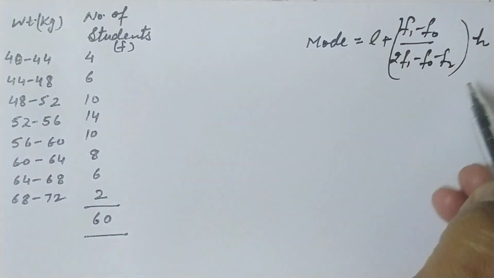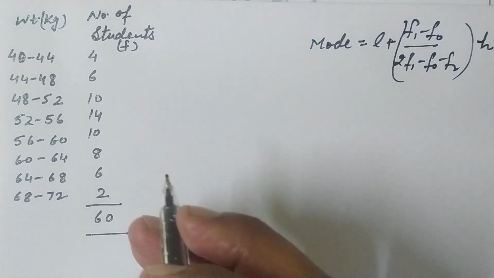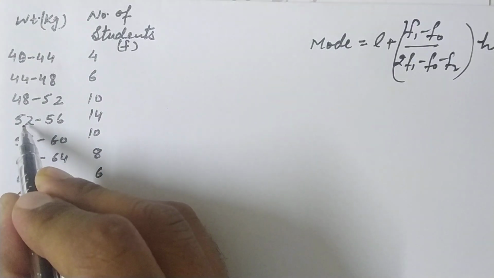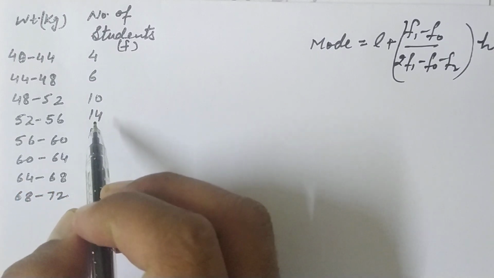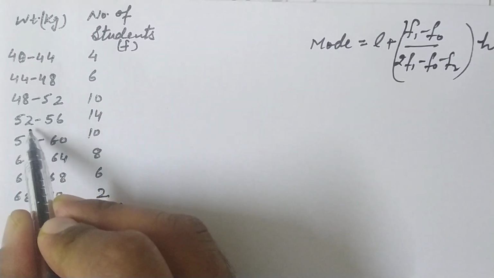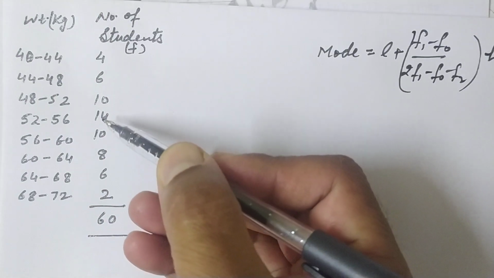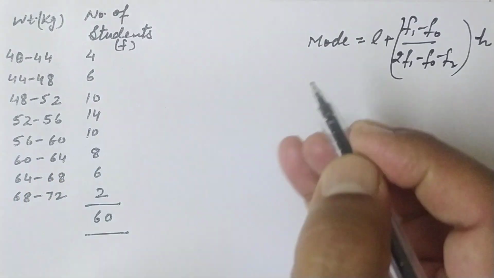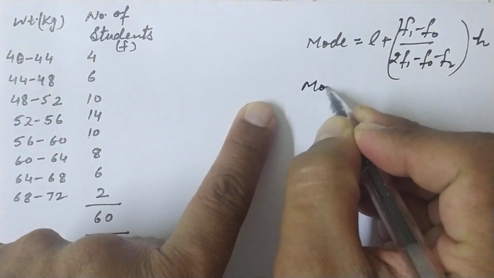So what are all these terms? First of all we will find the modal class, which we did in the last part. Because the maximum frequency is from 52 to 56, the modal class is 52 to 56.